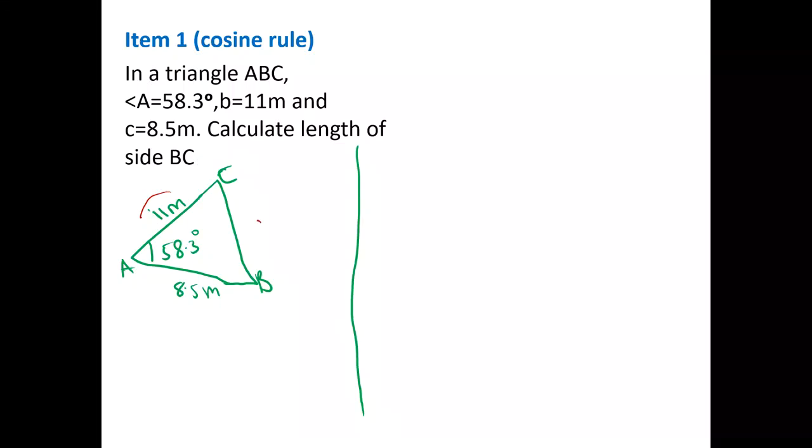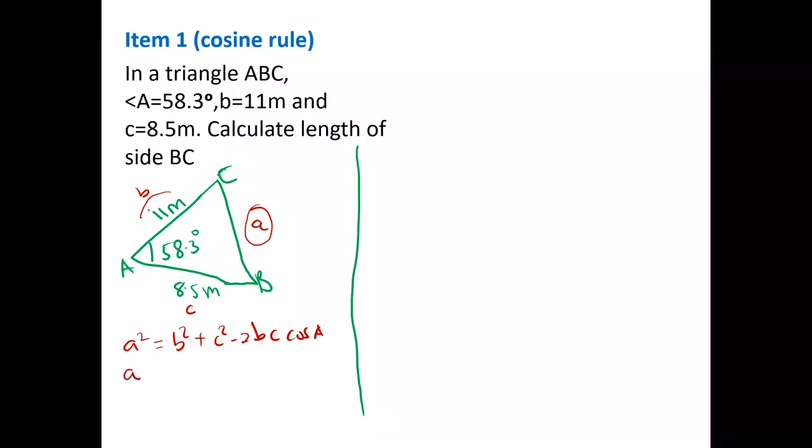Now this will be our A, this will be our C, and this is our B. Now that I need to find the value of A, I should use angle A. We state it as A squared is equal to B squared plus C squared minus 2BC cos A. I have B, I have C, and also I have angle A. So I can find the value of A.